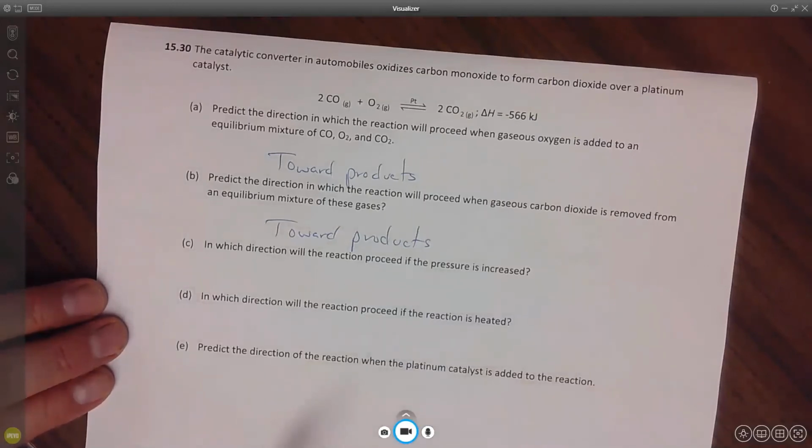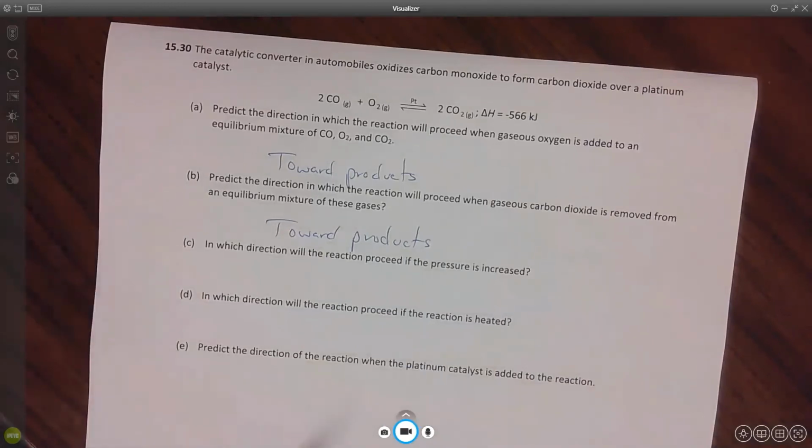Toward product, toward reactants, or no change at all? So again, if I increase the pressure, nature's going to want to try to reduce that pressure. Can it do it through this chemical reaction?